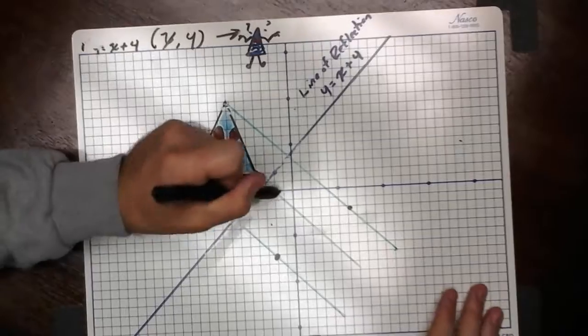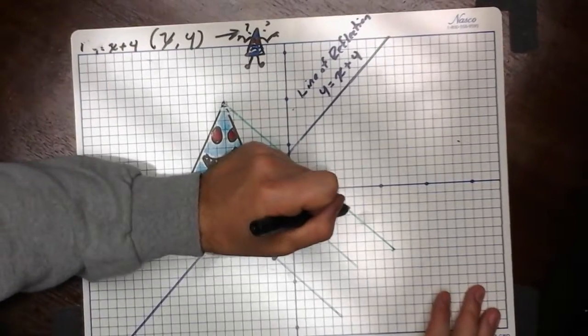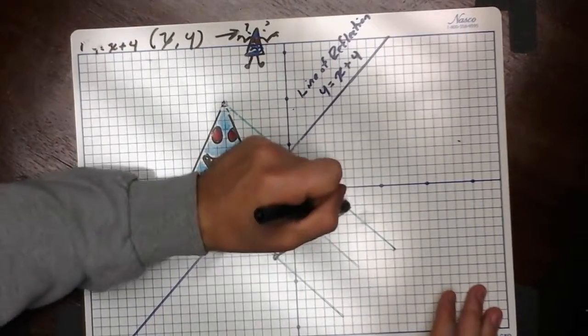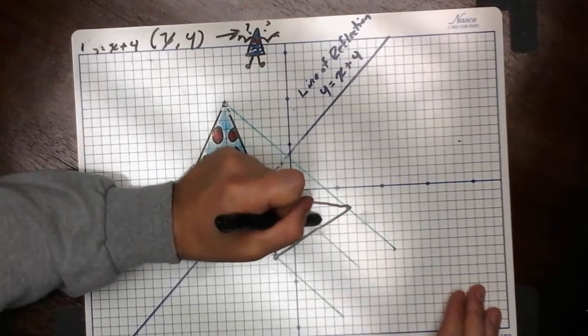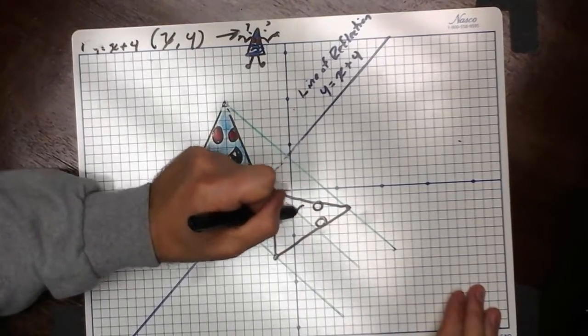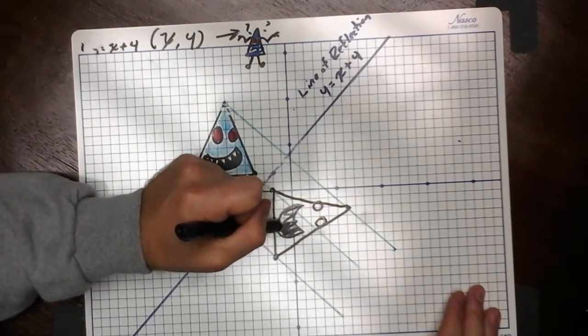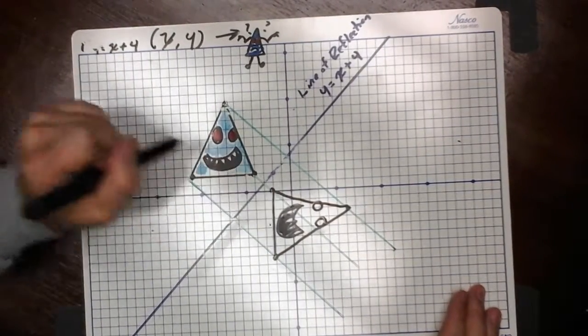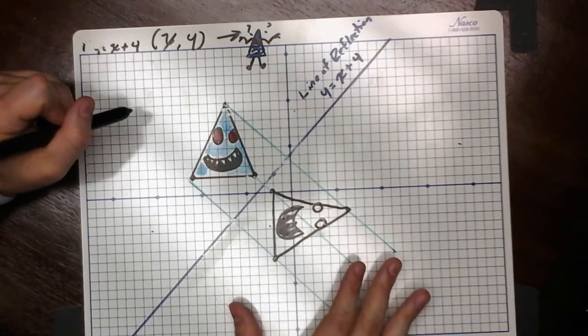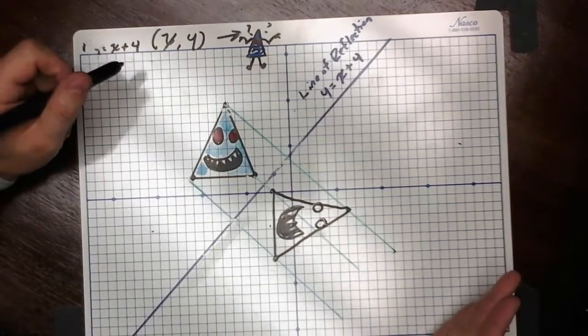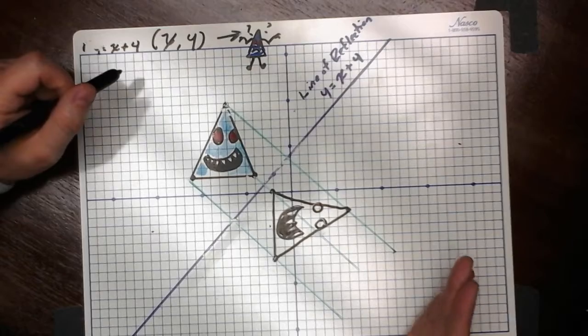All right, and one last time. Here is my clone. Now remember, guys, cloning is very, very dangerous. And it's never quite as good as the original. But this is the reflection over any line.